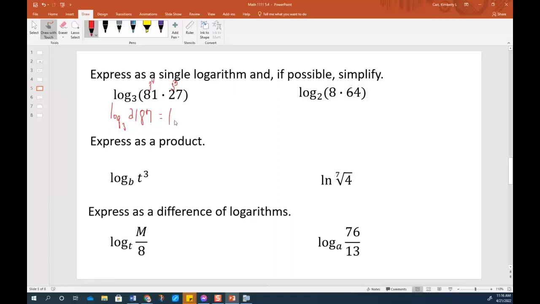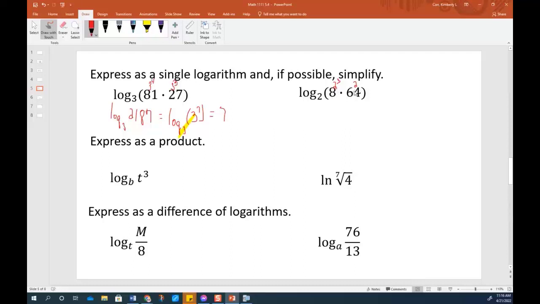Which means I could say then by combining those that this part is log base 3 of 3 to the, using my exponent rules, I can add those, 3 to the 7th. And now notice that I have the same base here. So based on what I saw on the previous slide, this is just equal to 7. Your calculator will do it if you use that log base. But here I'm going to say, okay, well, 8 is 2 to the 3rd.